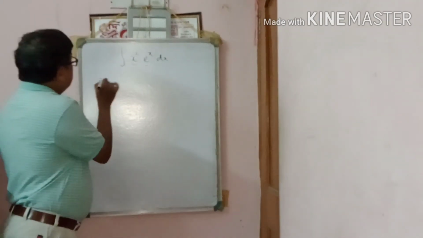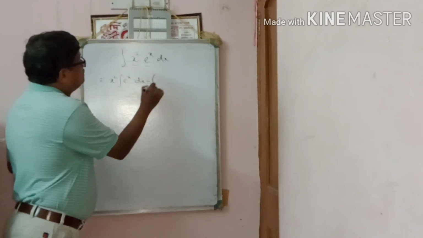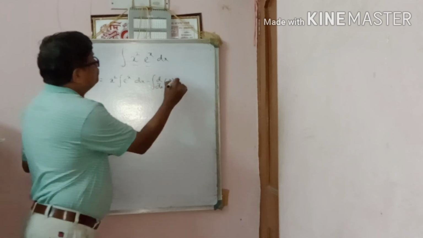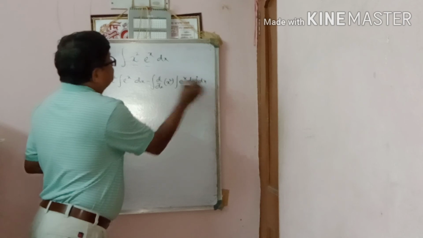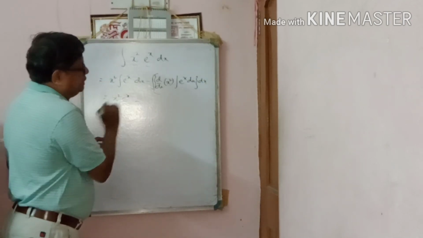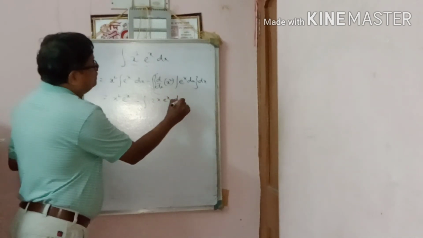So write x square e to the power x minus d/dx of x square, times integration of e to the power x dx, whole dx. Now x square into e to the power x minus integration twice x e to the power x dx.